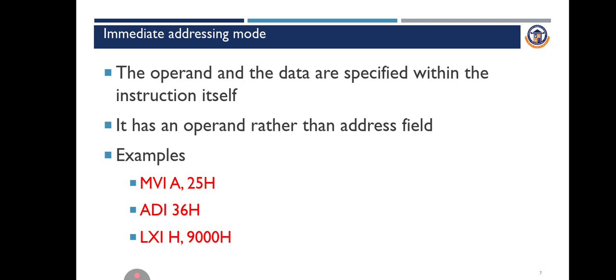In the immediate addressing mode, the operand and the data are specified within the instruction itself. So immediately we can get the data from the instruction itself, and it has an operand rather than an address field. For example, MVI A, 25H: the value 25 will move to A. ADI 36H: the accumulator value will be added with 36, and the result will be stored in the accumulator.